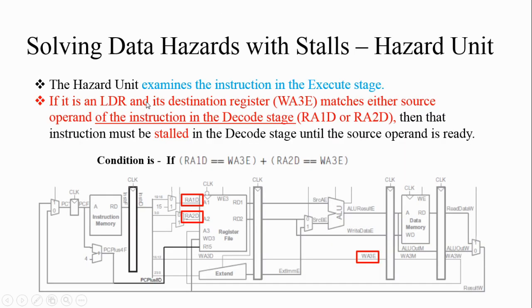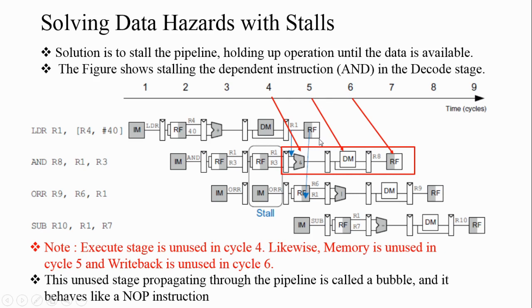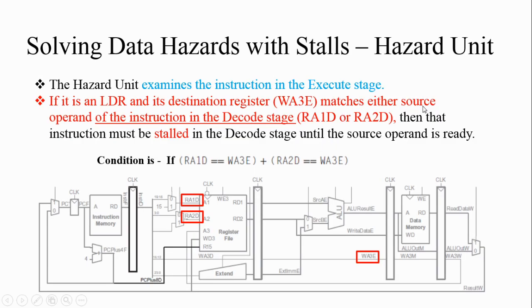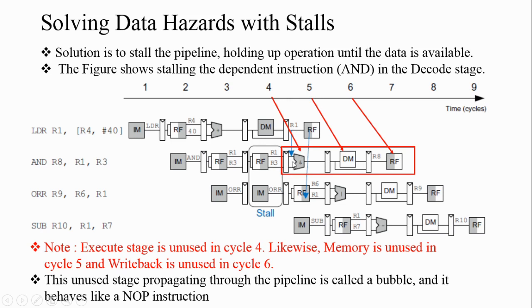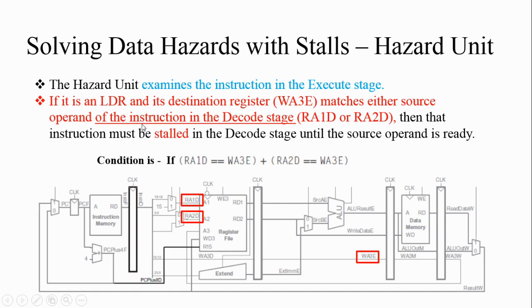So the hazard unit will check whether the execution stage has an LDR and whether the destination of the LDR, in this case R1, is used as either of the two source operands of the next instruction in the decode stage.